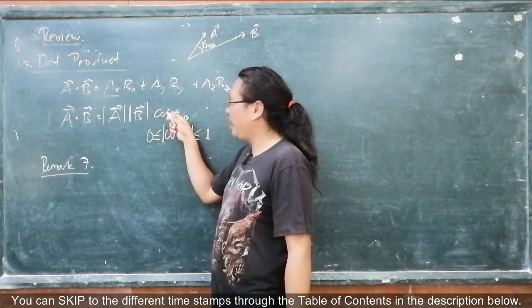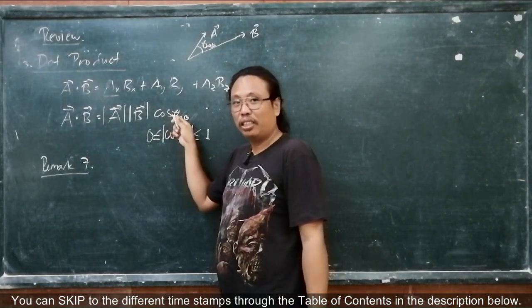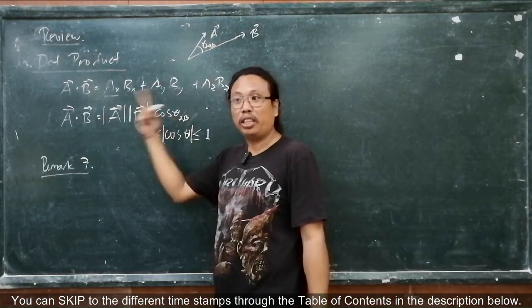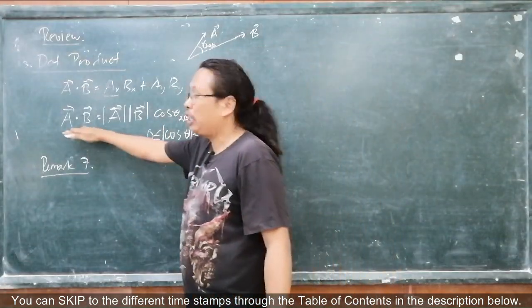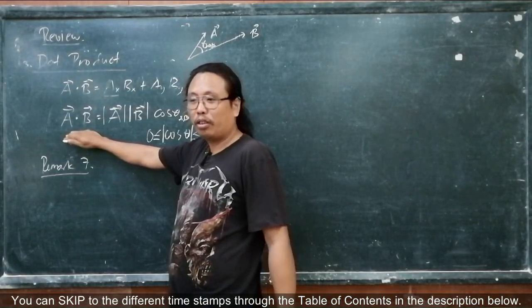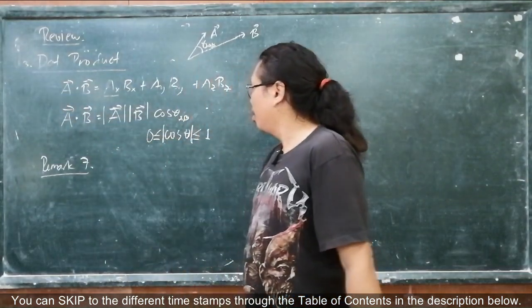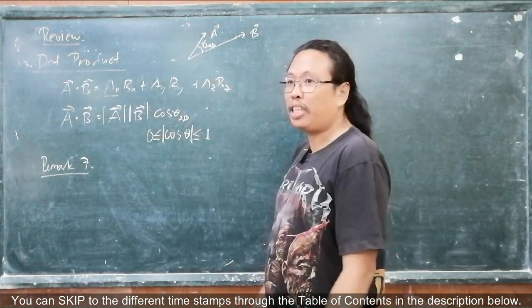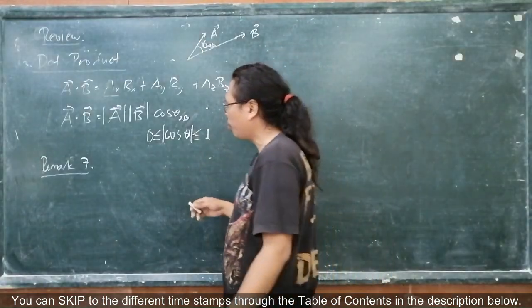When theta is 0, right? Cosine of 0 is 1. So in other words, A dot B is maximum when the two vectors are parallel. Or even anti-parallel, where it's actually -1. It's the maximum absolute value, parallel or anti-parallel. We just call these two vectors parallel for now, no?